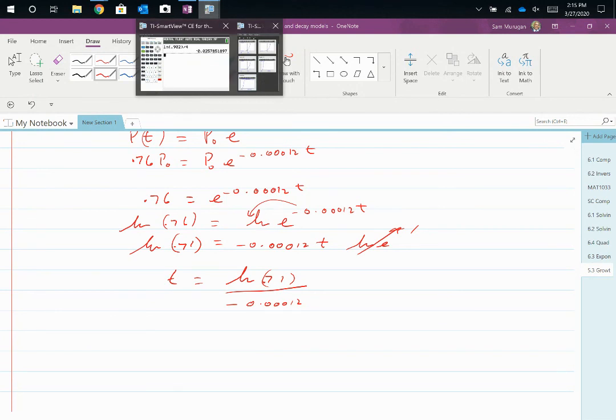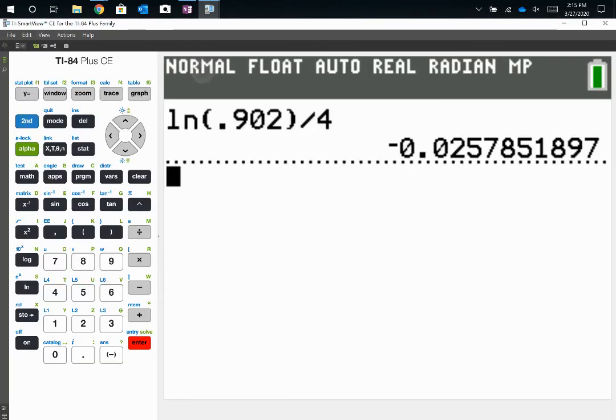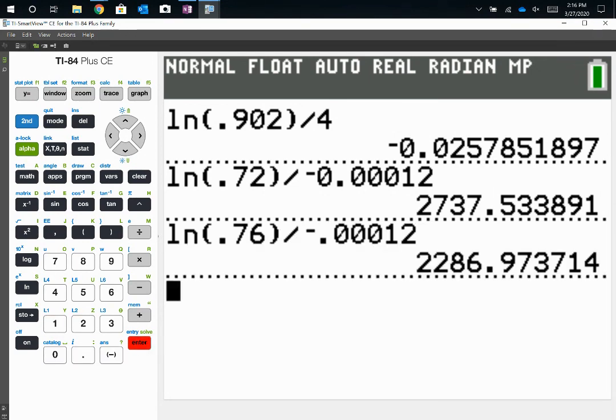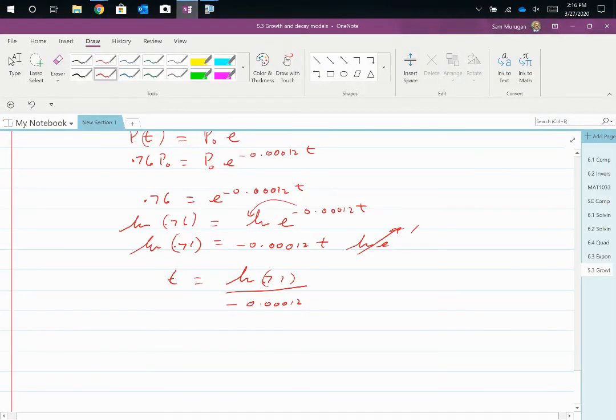Calculator, round to the nearest whole number, integer. So logarithm 0.76 divided by negative 0.00012 gives 2287 years old.